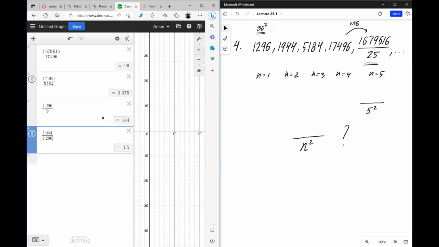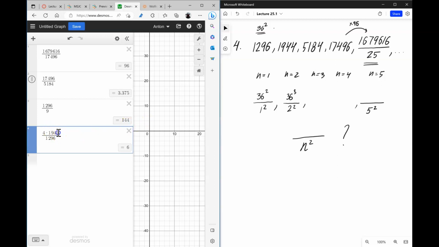So we're trying to figure out if this is 36 squared over 1 squared, then the next one is going to be something over 2 squared. So let's multiply 19 over 4 by 4. Does it look like it's 36 cubed divided by 2 squared?